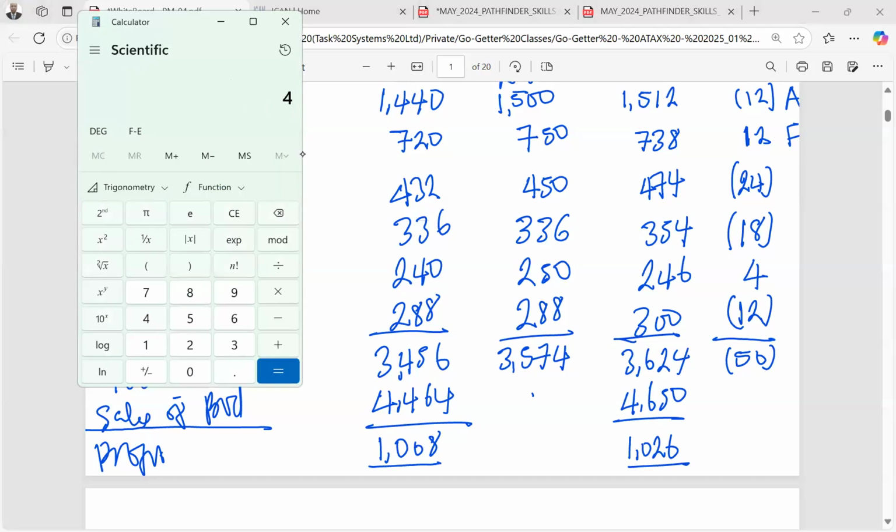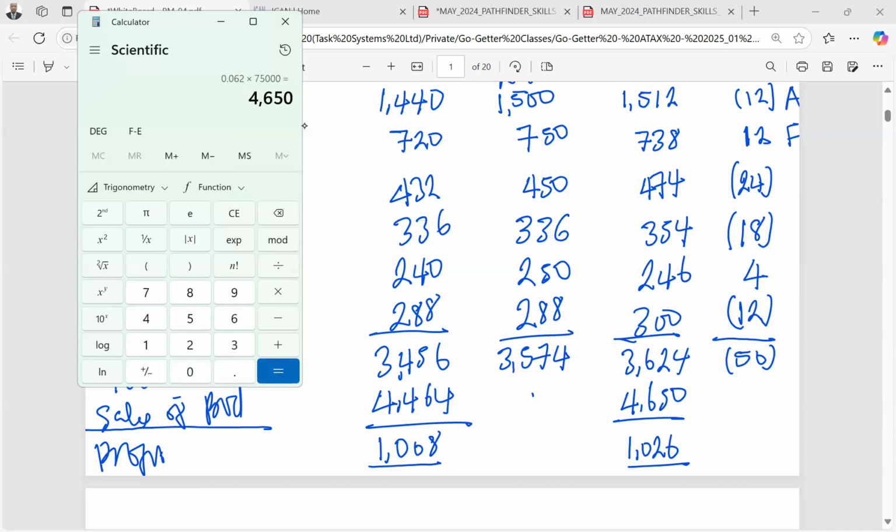4,464 was sold for 72,000 units. This is the sales for one. The sales price didn't change in your budget. Simply just multiply by 75,000.